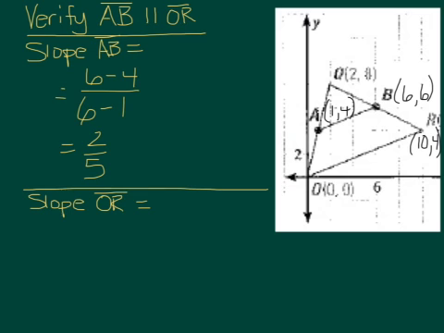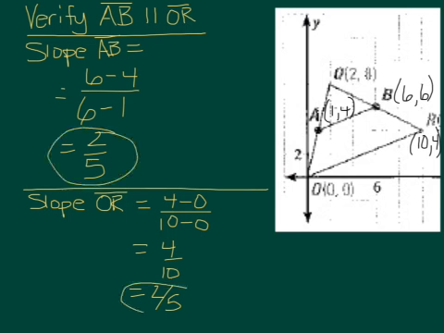Now let's find the slope of OR. So y2 is 4, y1 is 0, x2 is 10, x1 is 0. So 4 over 10, and that reduces to 2/5. So the slopes are equal to each other, so therefore the lines are parallel.